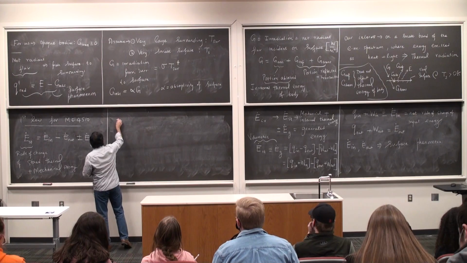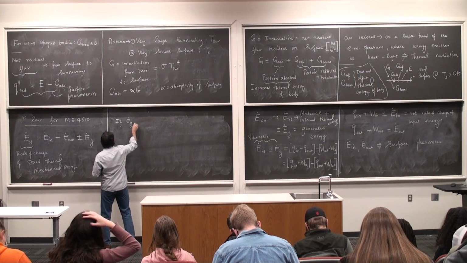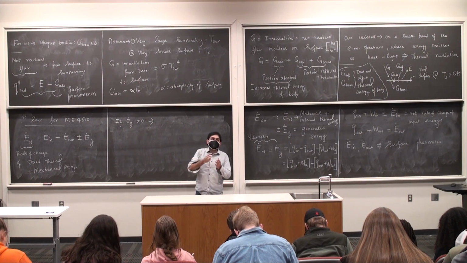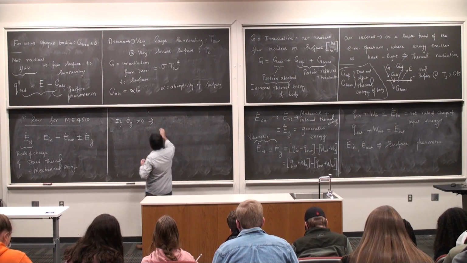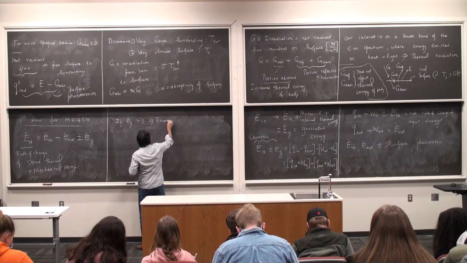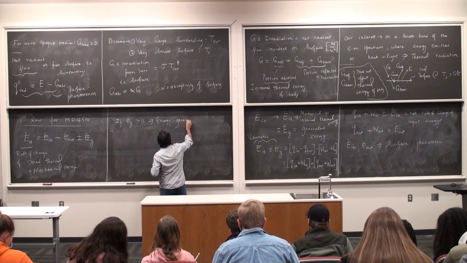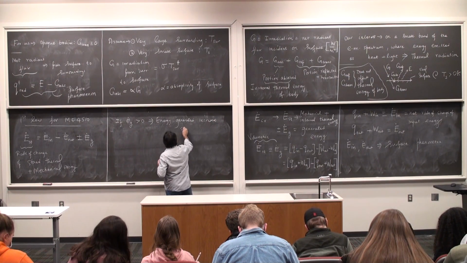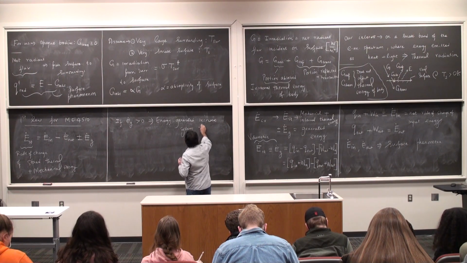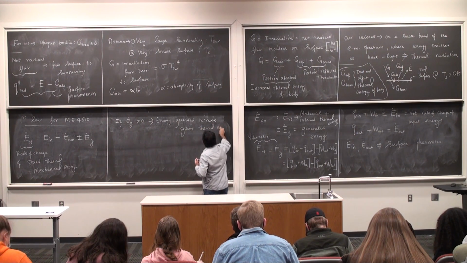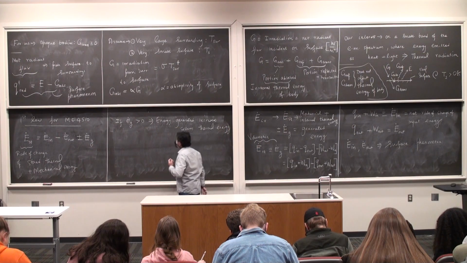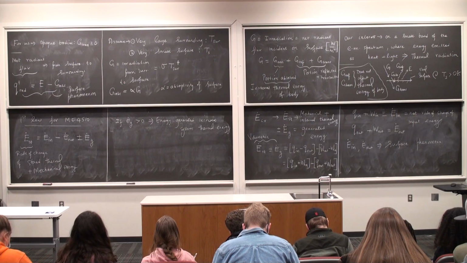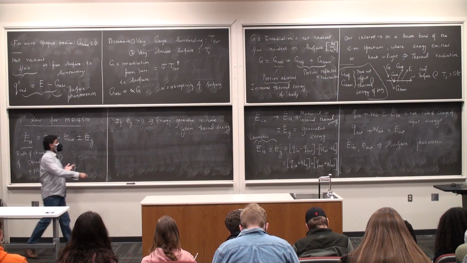So if E dot G is positive, then this means the energy generated increases the thermal energy of the system. Example of this, exothermic reactions.